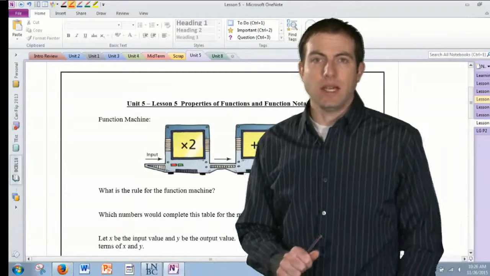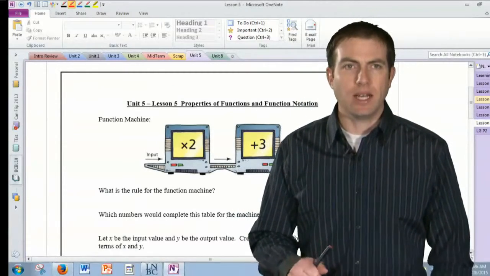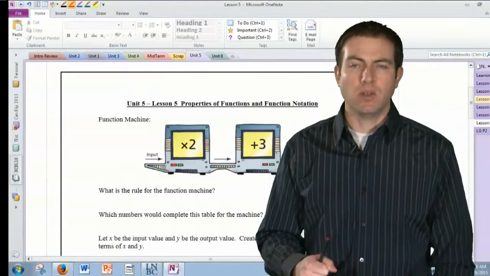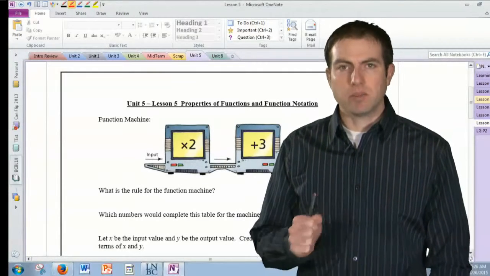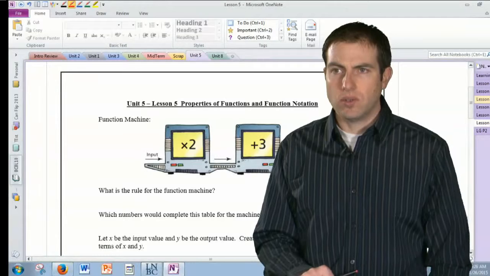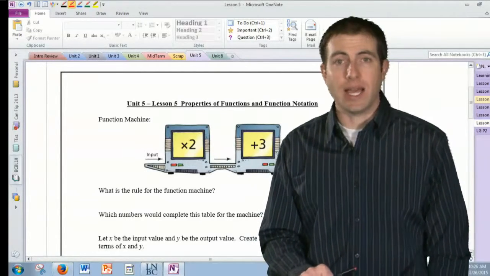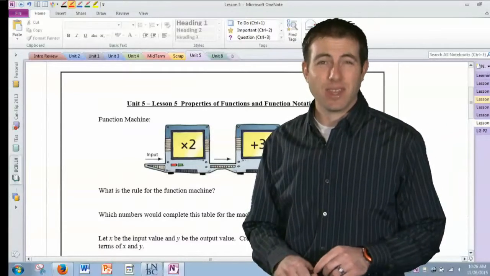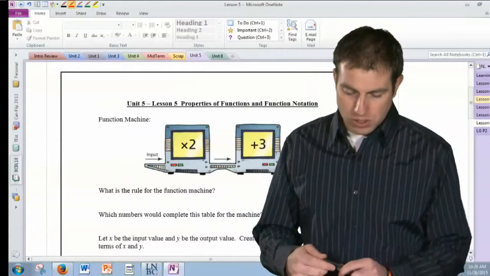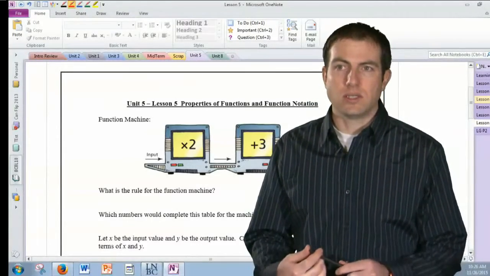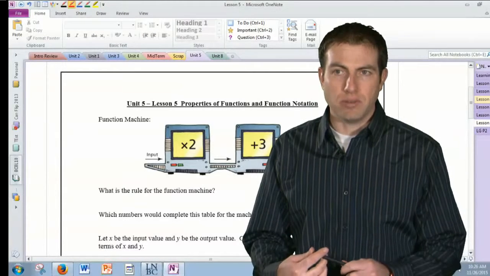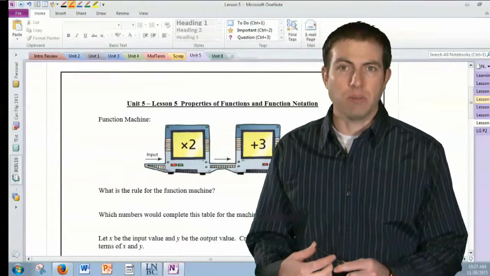Like always, I would like to start with any questions you might have had. I have a feeling you guys might have some questions about the XY intercepts questions off the learning guide. So if you want to fire those into chat, I'd be happy to do that. If nobody has any questions, if you guys are all experts at that, then we can move on to this function notation stuff, which is pretty straightforward. Nothing terribly difficult about it.